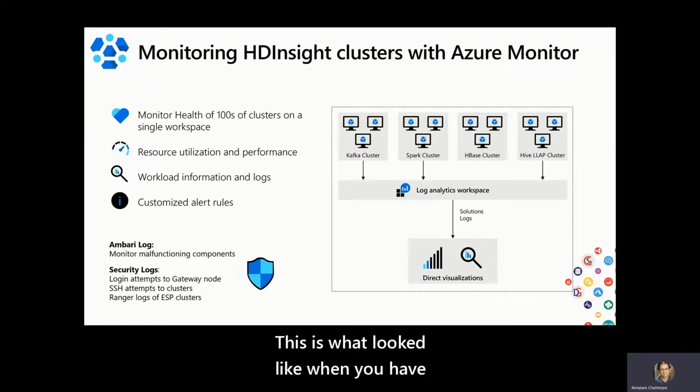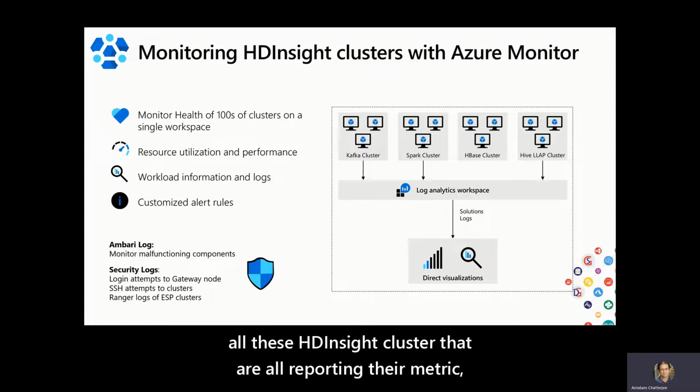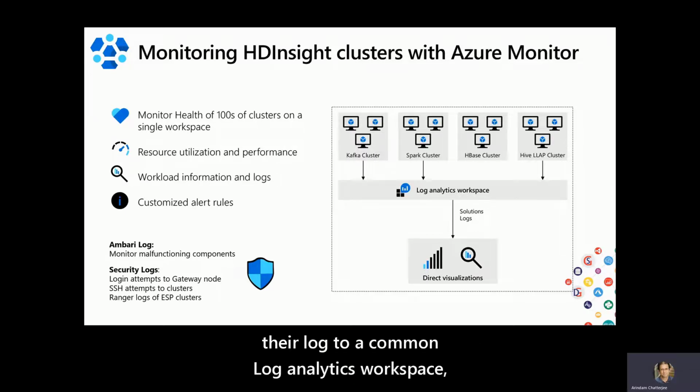And so this is what it looks like when you have all these HDInsight clusters that are all reporting their metrics, their logs to a common log analytics workspace. And then you can build all sorts of visualizations on top of it.